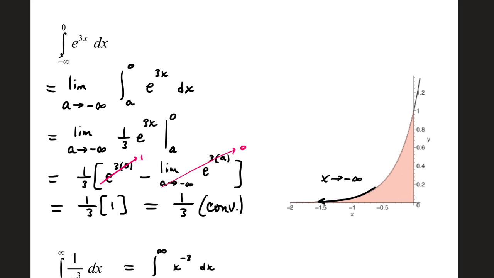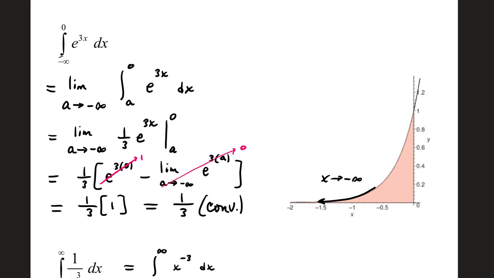That gives us 1/3 e to the 3 times 0, which is 1, minus, and because we're putting in a, we've got to use the limit as a approaches negative infinity, e to the 3a.